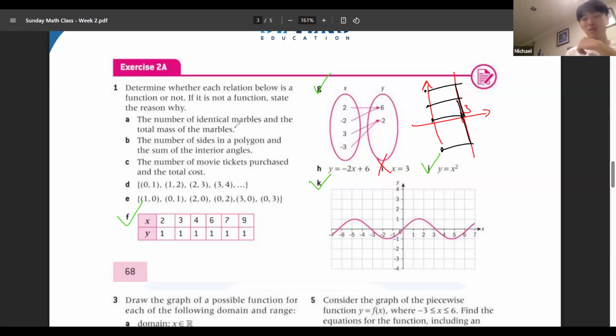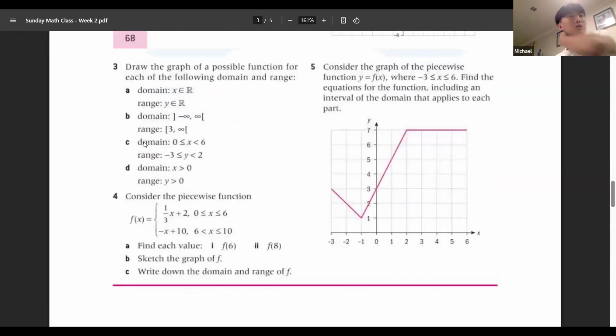Assume you can't get any free tickets. To get one more ticket, you pay more money. So it's never the same number of tickets with two different costs. In fact, this is actually one-to-one as well. That's cool.